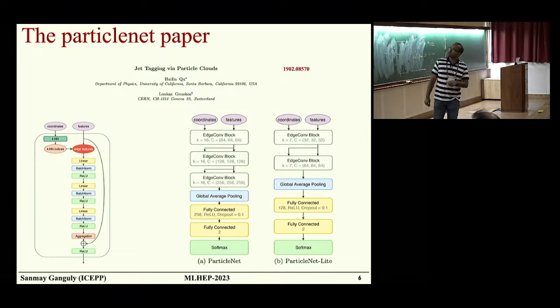What is that? Each point cloud has a coordinate and features, right? Going back to the jet example, each particle had an eta and phi, and then there are kinematic properties of the particle, pT and other things, which are features. From the coordinates, they computed the adjacency matrix using the KNN algorithm, formulated the adjacency matrix, and using a multi-layer perceptron, they did the message passing, and finally an aggregation.